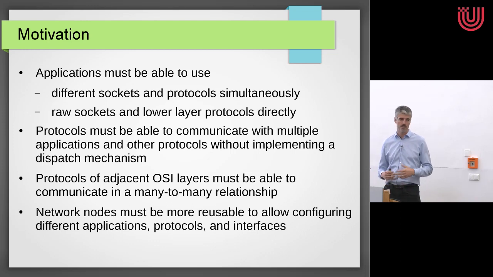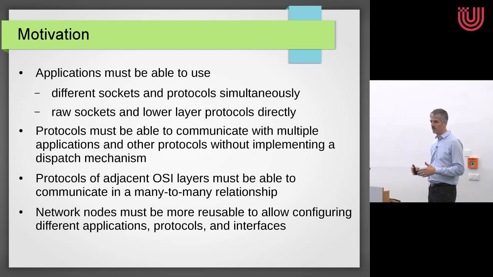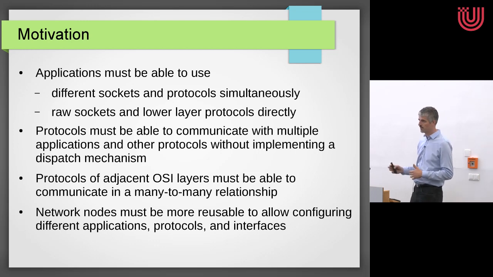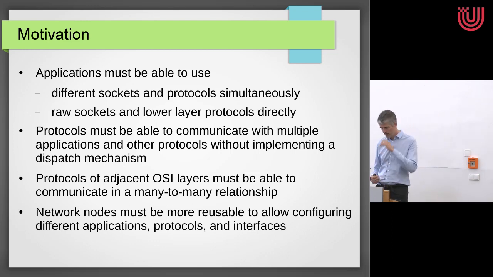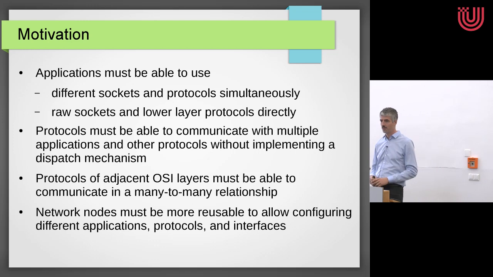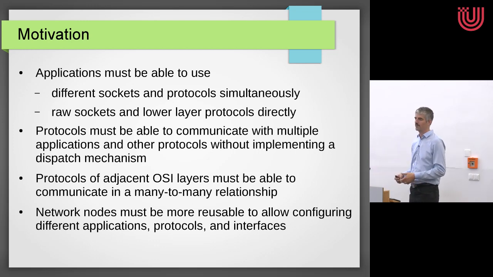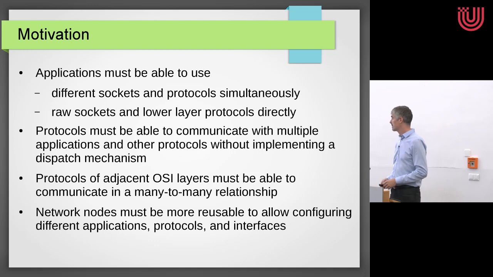And we also have problems implementing dual stack network nodes, which contain both IPv4 and IPv6, because of the many-to-many relationship between adjacent OSI layers. And we also had some problems with MANET routers, where the actual routing protocol can't be replaced from an ini file parameter due to the architecture, which is enough motivation to come up with something.